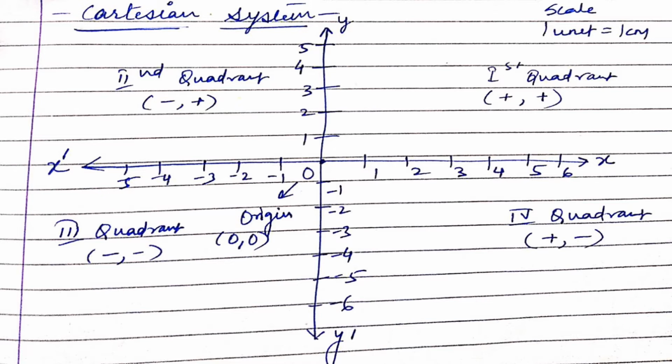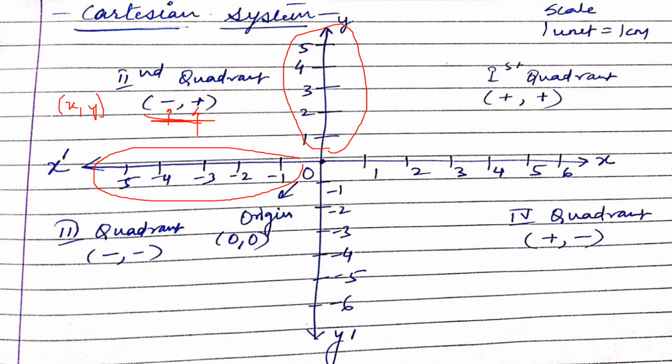Okay, second quadrant. In this one you can see the x axis has negative values and y has positive values. That is why this coordinate has a negative first value and a positive second value. Why is the first negative? I have told you, this is the general notation we use: the first number is always used for the horizontal axis, and the second, y, is used for the vertical one.